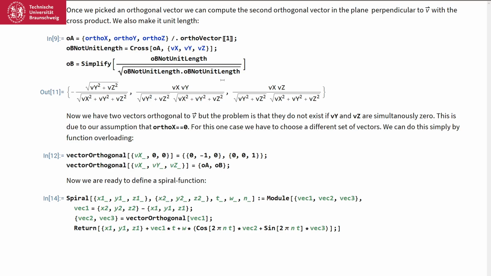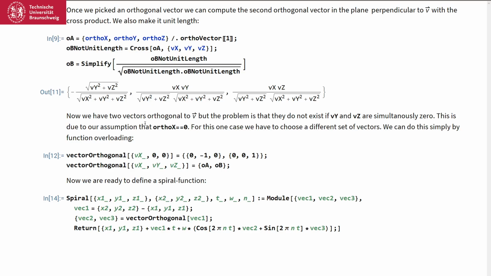So, now, is this a good thing? You may say in principle yes, but there can be a problem because this thing here may be 0.